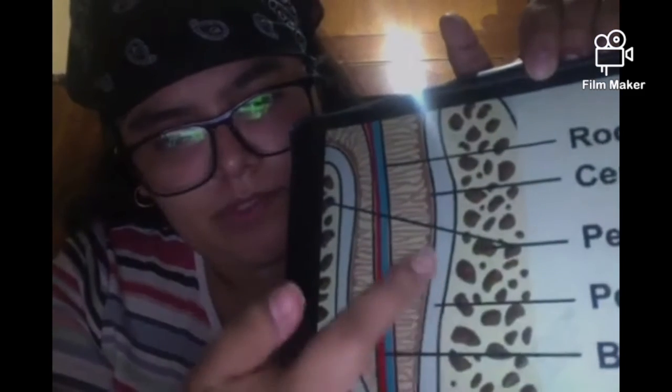Okay, the periodontium or periodontal ligament is this structure that supports and holds the tooth in place. Now, the gingiva.